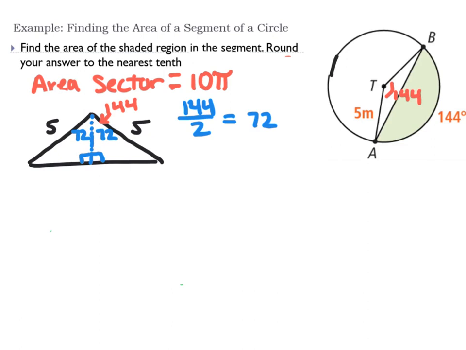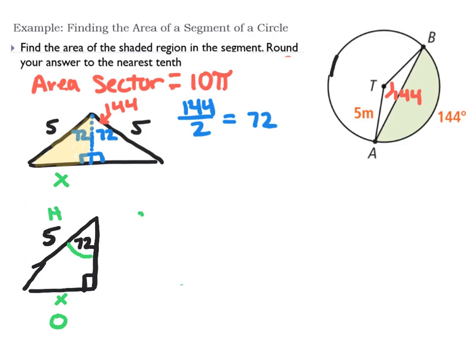Now we can use trig to solve using just one of the triangles. So if I solve, let's say I first choose to solve for the base. So if I redraw just this triangle, I have a right triangle with this is 5 and 72. So if I choose to solve for this part of the base first, I can set this up so this is my opposite and hypotenuse.